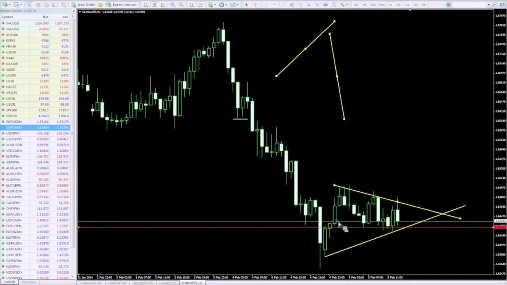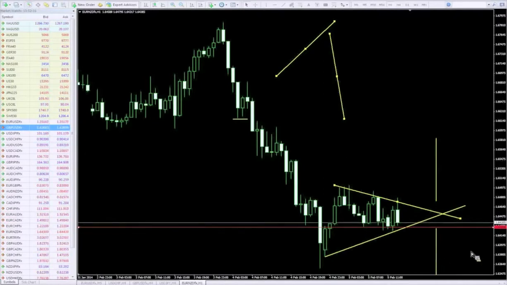So in this case, to answer Calzone's question, we measure the back of the wedge like this, and then we can project that price to the high side, and we can project that price to the low side. There are several types of entries that you could use. But once this wedge breaks, this generally would be your safest profit target.